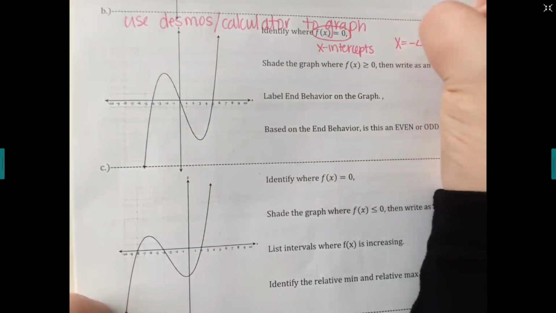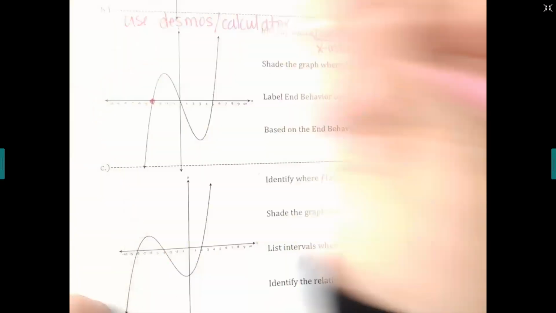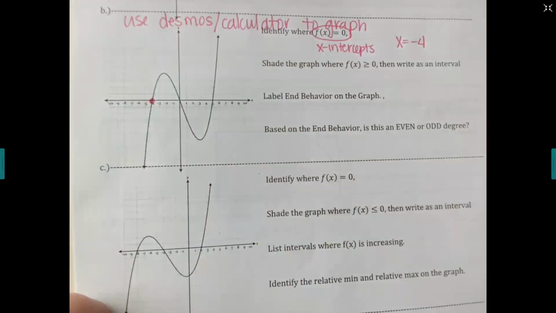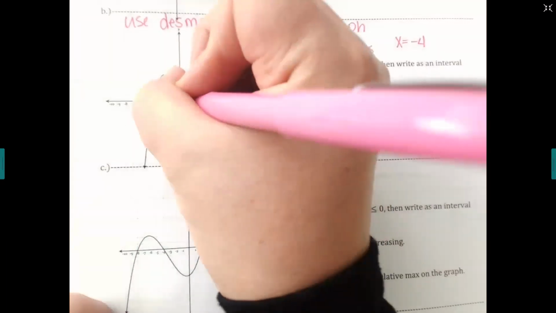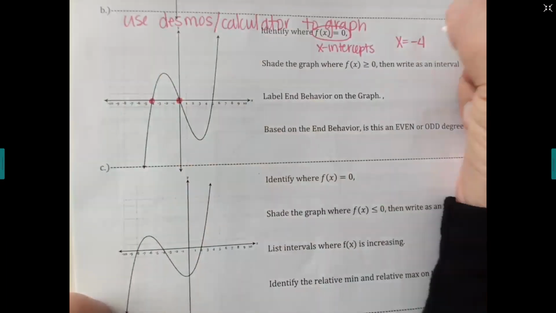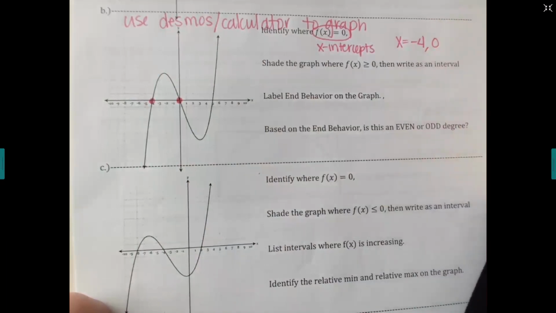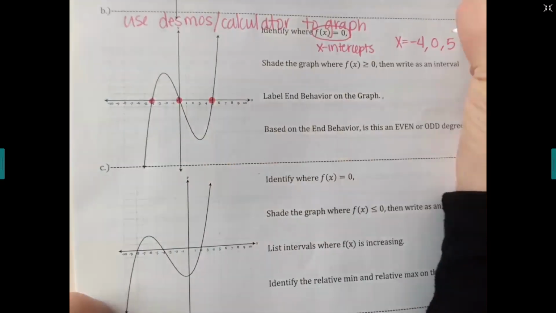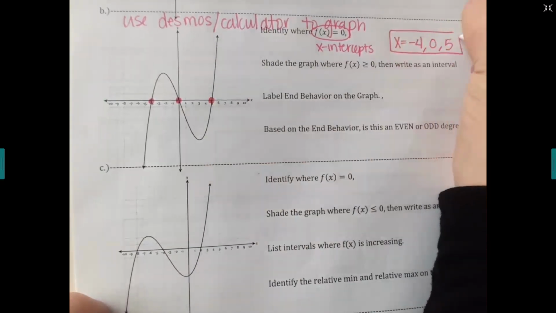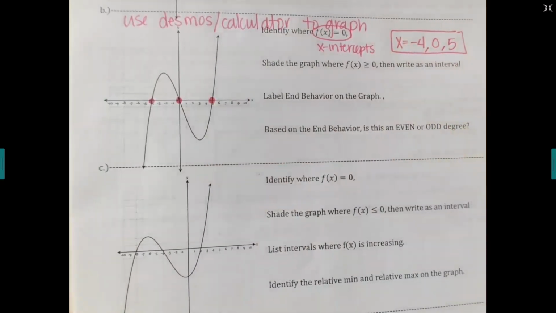Okay, -4. Next one. 0 right in the middle. And then the last one. 5. Very good. So you would put -4, 0, and 5. Those are the x-intercepts. They would make the equation equal 0.